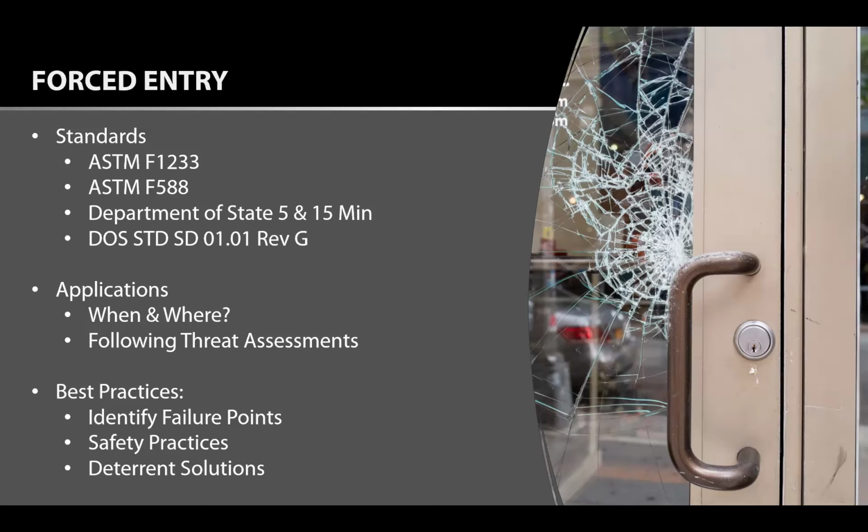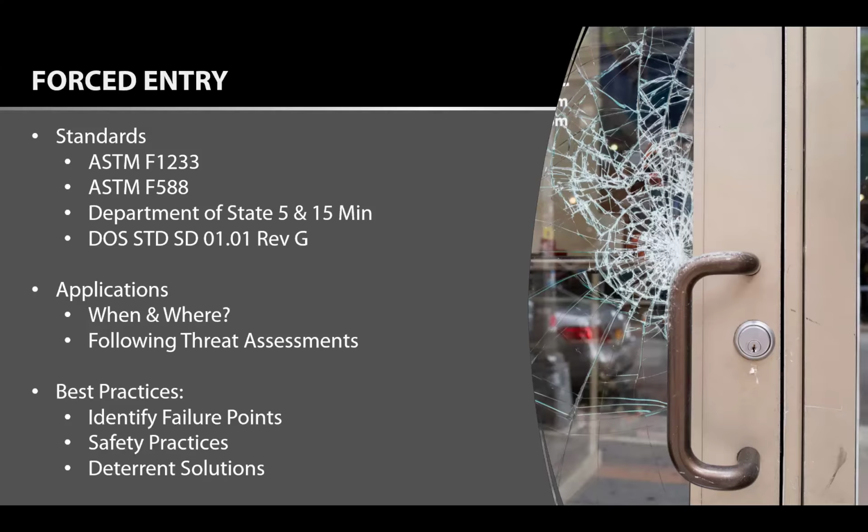Versus a Department of State standard where they give 6 very large individuals, different heights, different builds, different ethnicities, to attack a window with sharp objects, blunt objects, axes, crowbars, incendiary devices, in some cases chemical attacks, and they give them 15 minutes, all right, to break through to the other side.